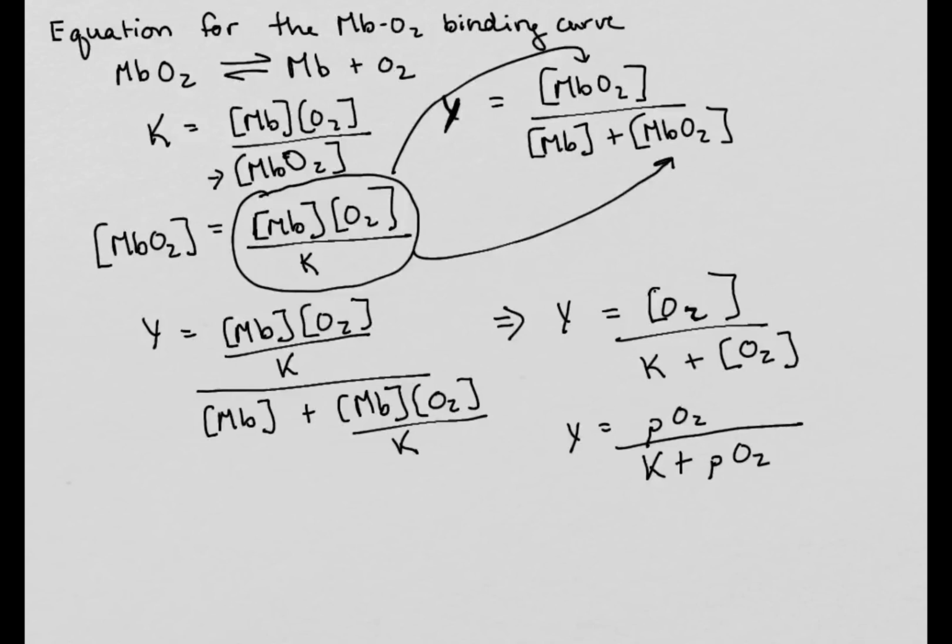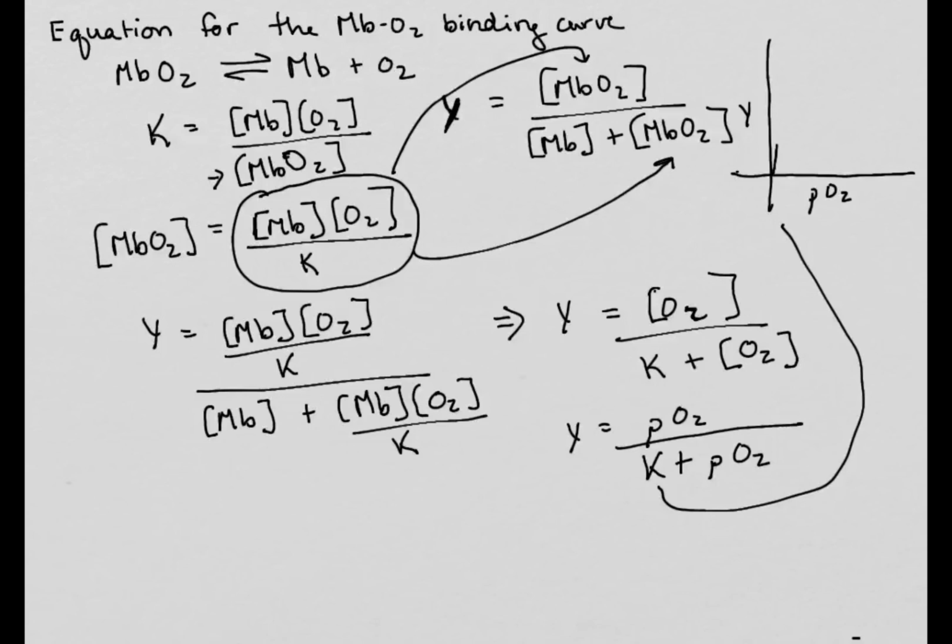Now we get to note something really important that we're going to talk about again and again and again: K, and its definition. If we remember back to this curve, forgive the chicken scratch, we've got fractional saturation on the Y and partial pressure of oxygen on the X, and we've got our rectangular hyperbola here. So K is defined as the partial pressure of oxygen at which the fractional saturation is 50%.